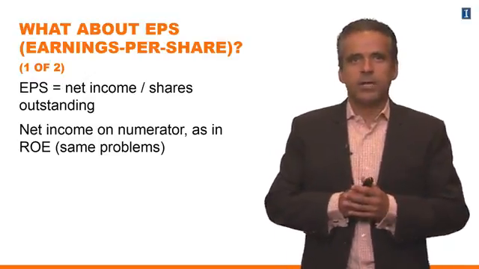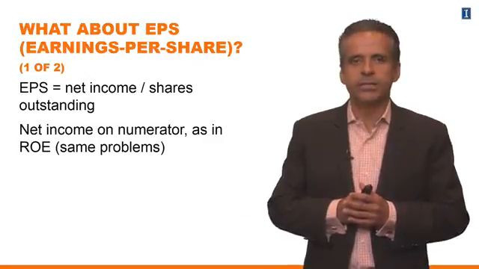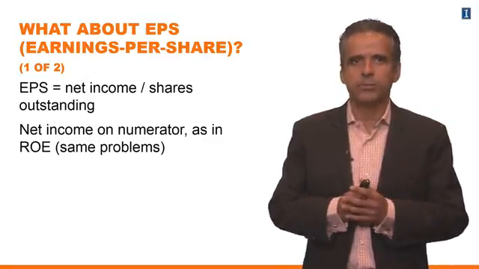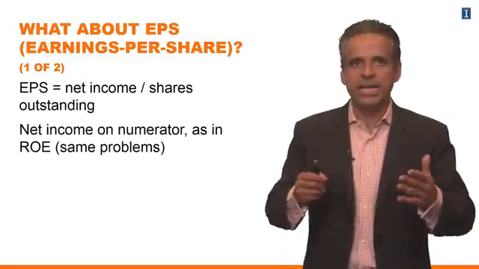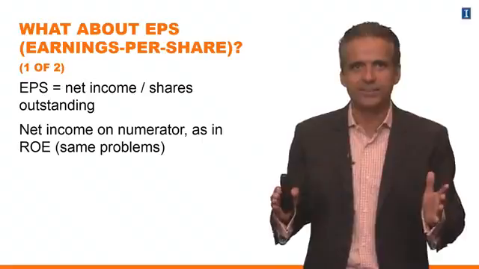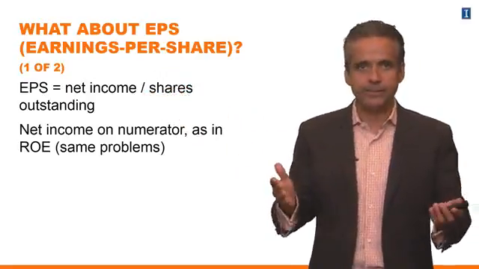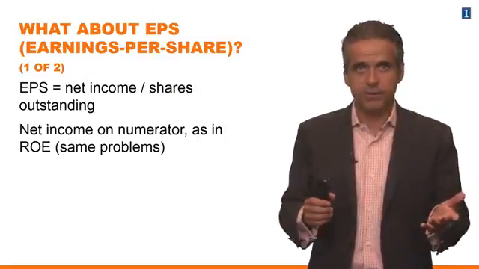Finally, let's talk about earnings per share. This is a profit measure that we talked about in the beginning of this module already. It's essentially net income divided by shares outstanding. It looks like a stock price, but it's based off net income instead of the market value of equity.